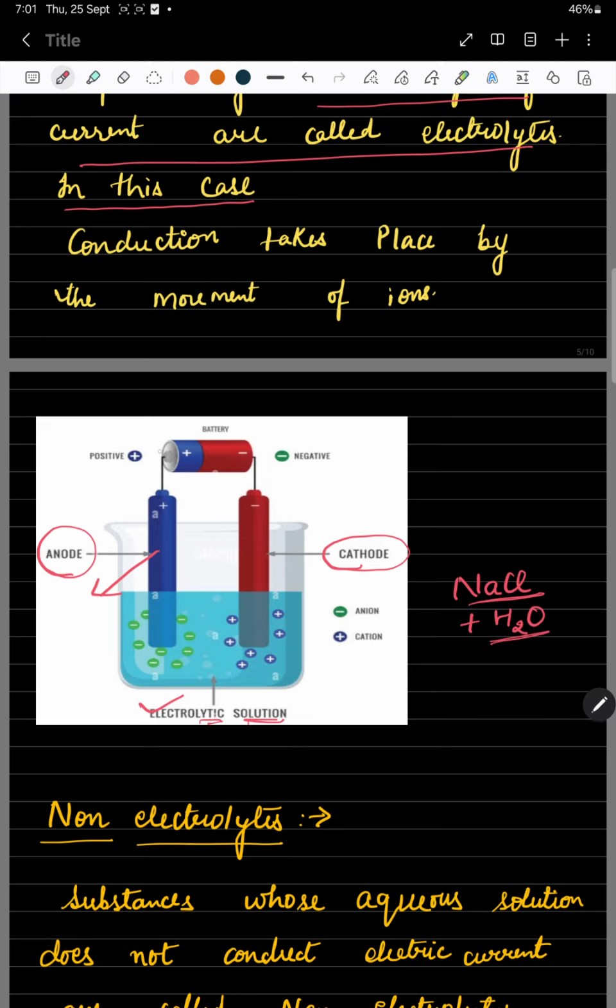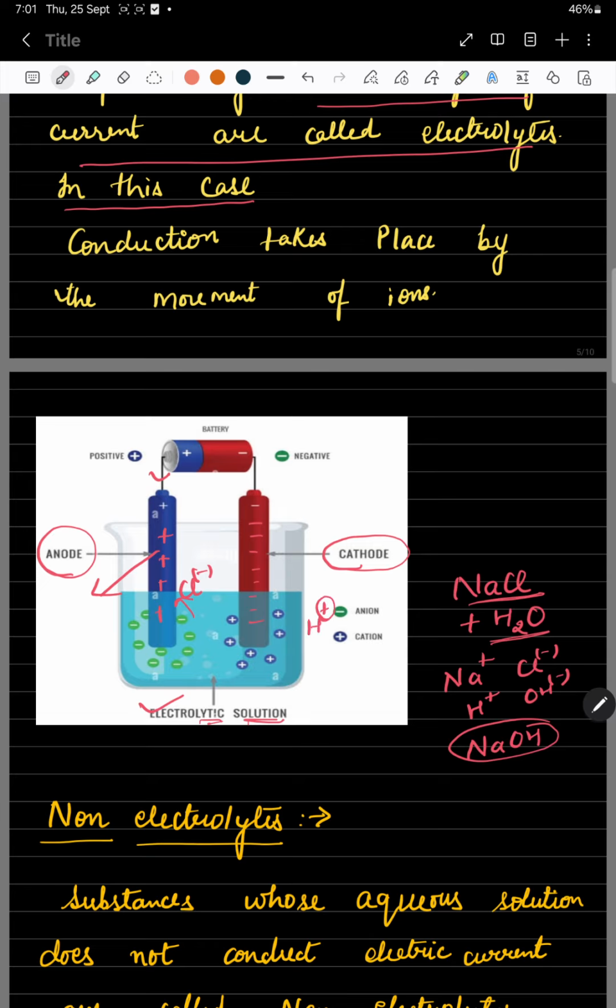Now here, once you pass the electric current through them, what would happen? It would divide into the ions: Na plus, Cl minus, H plus and OH minus. See students, actually what happens in this chemical phenomenon, NaOH would be formed, and Cl minus would be attracted towards the anode plate, which is the positively charged plate, and in the cathode, which is the negatively charged plate, H plus ions would be attracted.